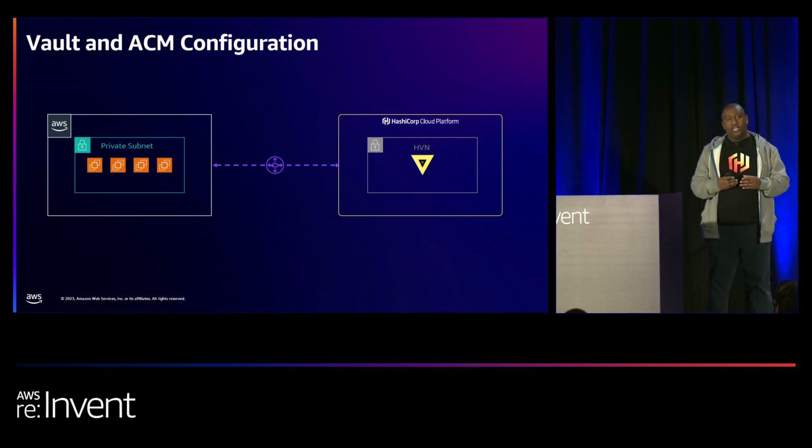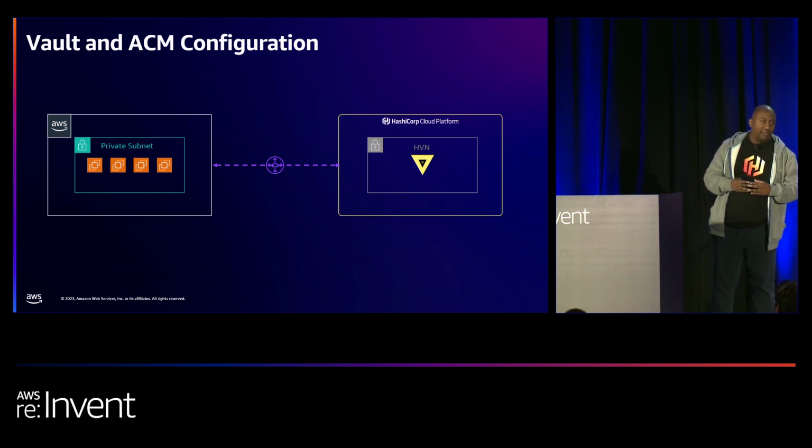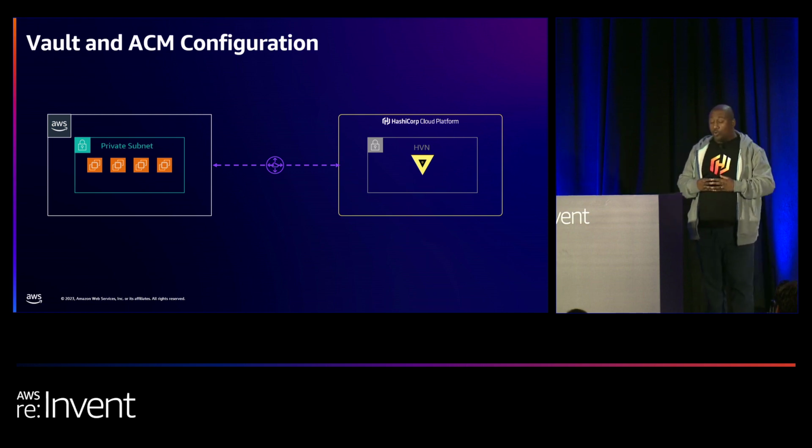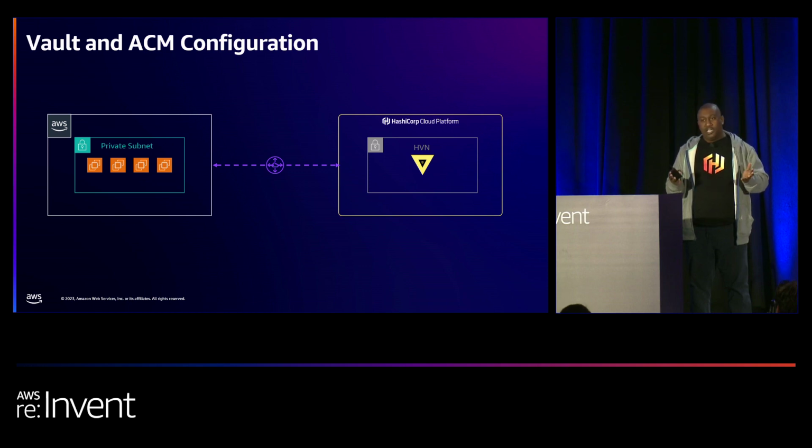So this being AWS re:Invent, I'm going to make the assumption that most people here are familiar with AWS VPCs. A HashiCorp virtual network, or HVN, as I'm going to call it from this point onwards, is basically a VPC, right? And the Vault cluster that we're going to deploy is going to live within that HVN, right?